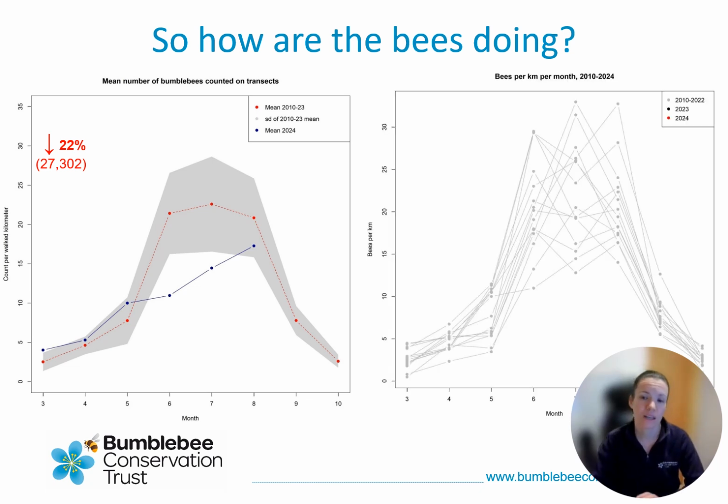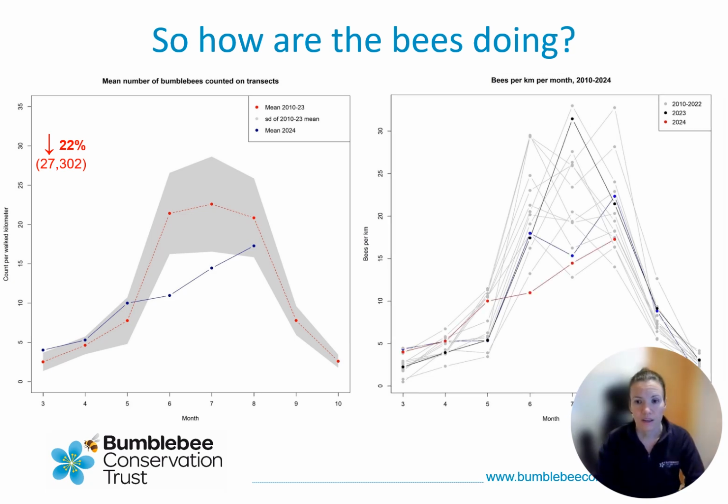But we can actually break it down and look a little bit deeper and look at each month across the whole of BeeWalk. Here, each line is a different year with months across the bottom. This time the red line is 2024, and we can see that yes, June was the worst June on record, but we have actually had worse Julys and worse Augusts.